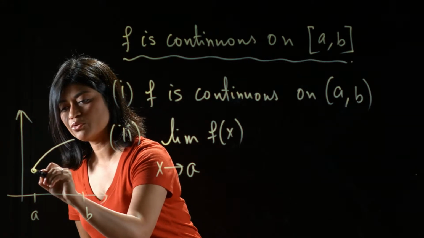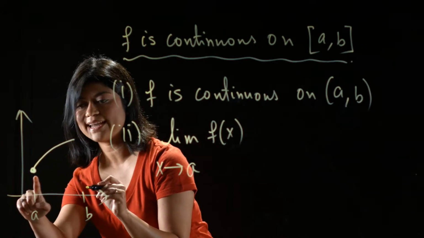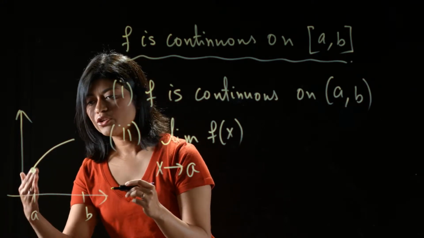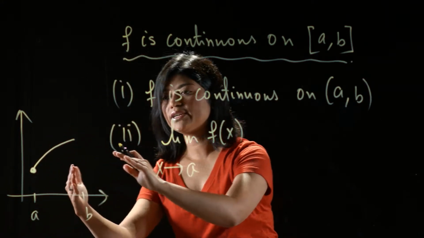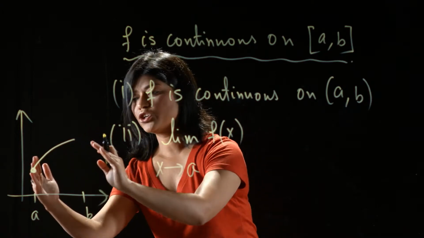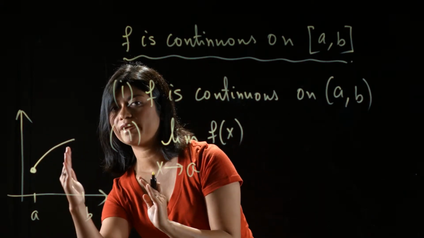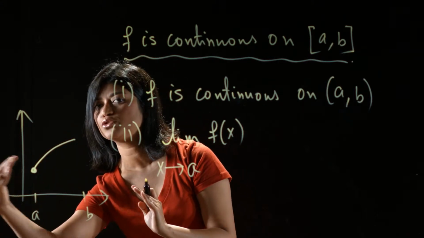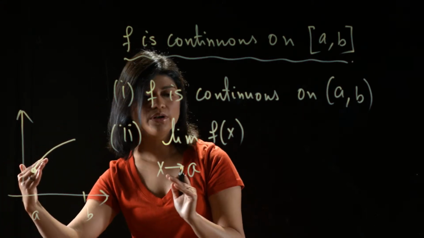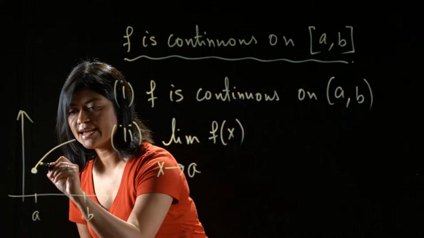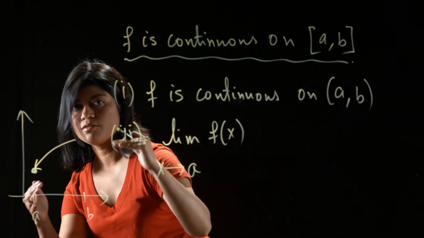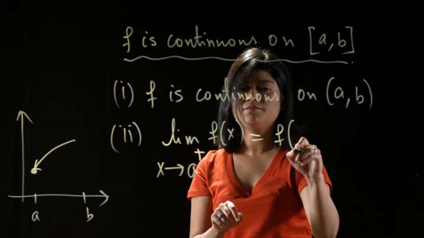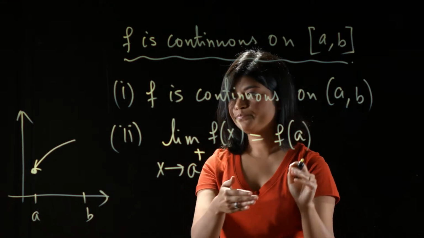And then you have to make sure that the function value at a actually matches the limit. But notice that we are only considering the graph of the function to the right hand side of a, not to the left. So we don't care about what is happening to the left side limit. We only care about the limit as x is approaching a from the right hand side. And that limit has to equal the function value at a.